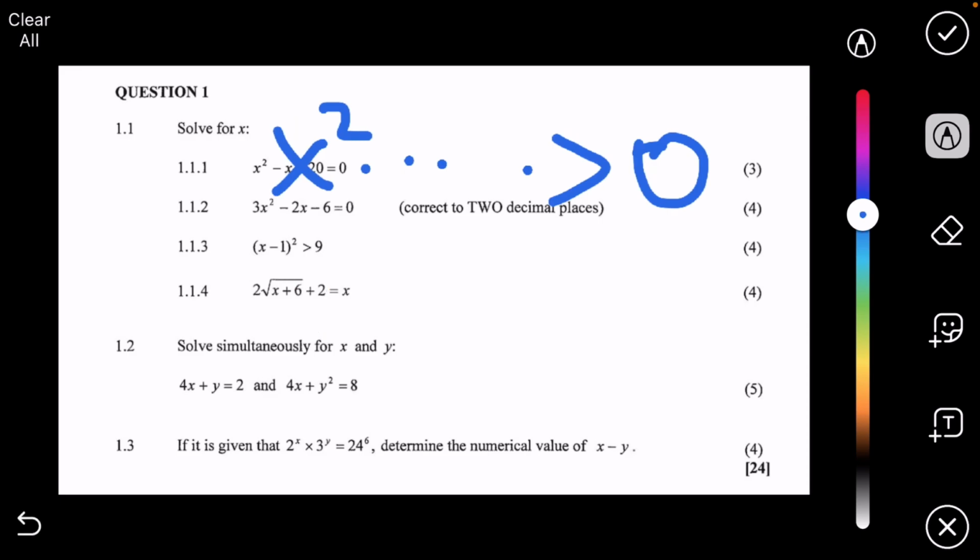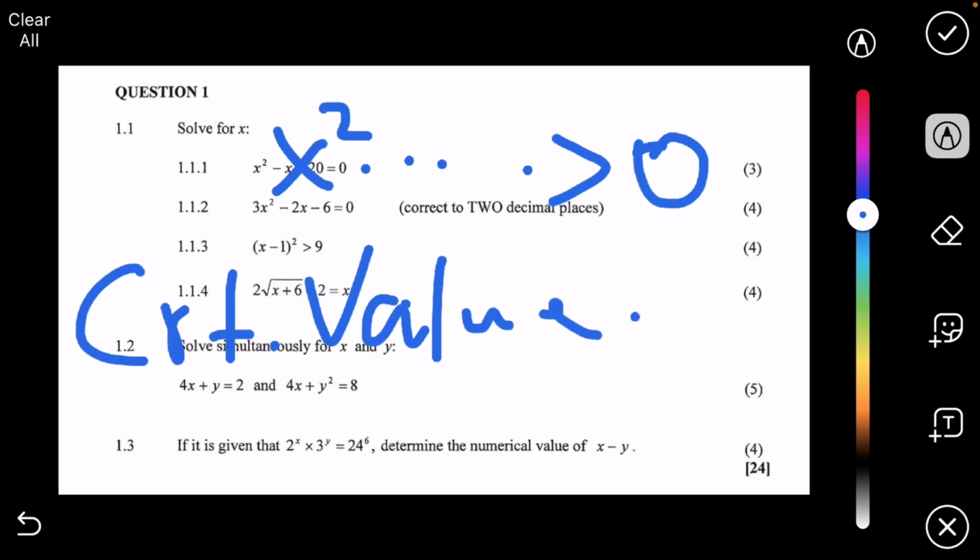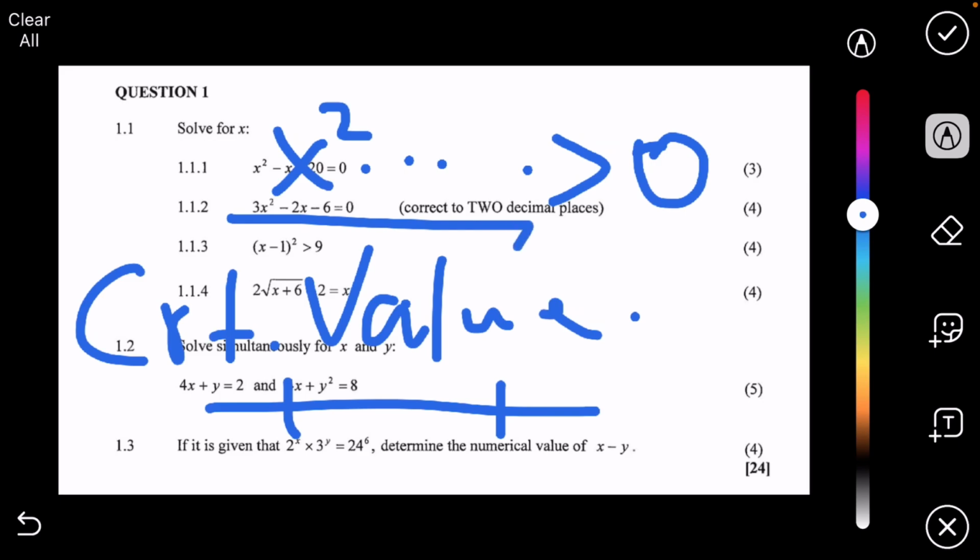You need to find what we call critical values, and then from there you've got a number line based on your critical values, and you'll be able to tell for which values of x the whole of that is greater than 0.